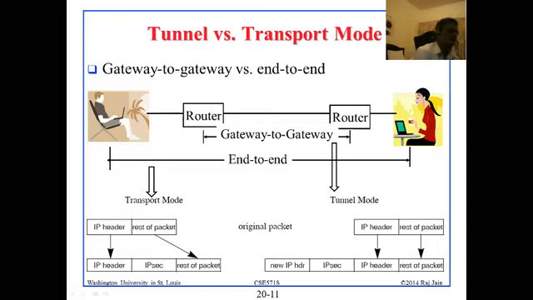Okay. Any question about this slide? So is this clear when we use tunnel mode and when we use transport mode? So for example, if you are doing VPN from home, what mode are you using?